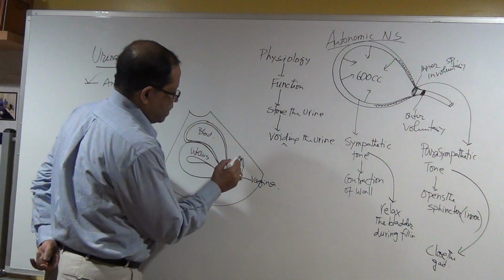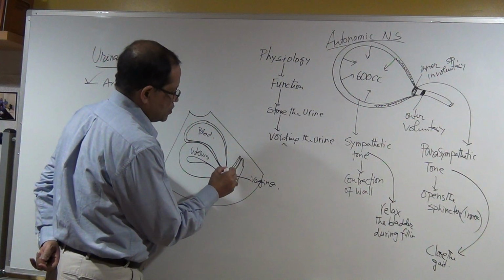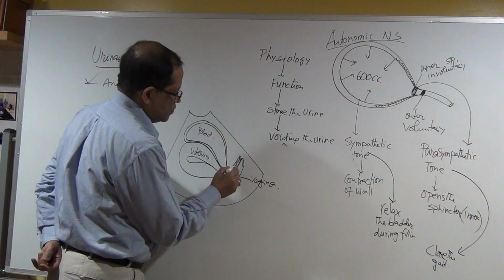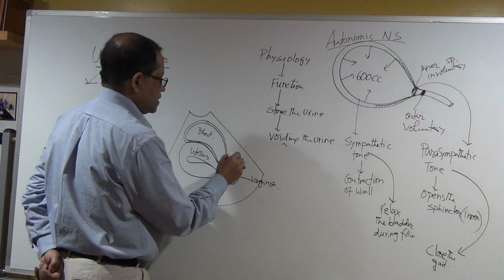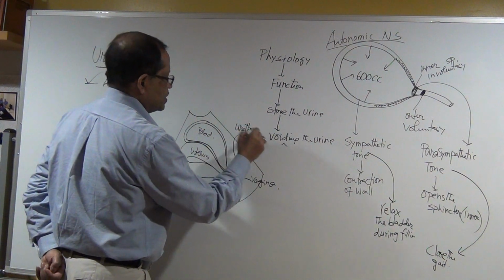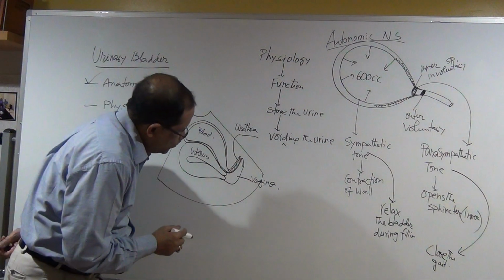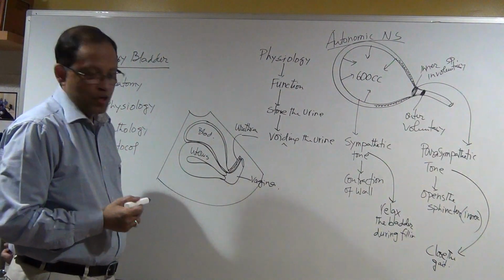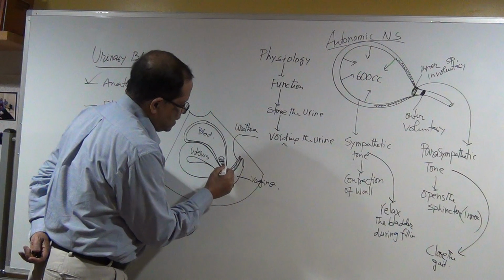And now, normally the urethra is closed. Normally the urethra is collapsed. I am showing the female urethra. But if you look here, during your sonography, you will see this is urine, it's dark, right?